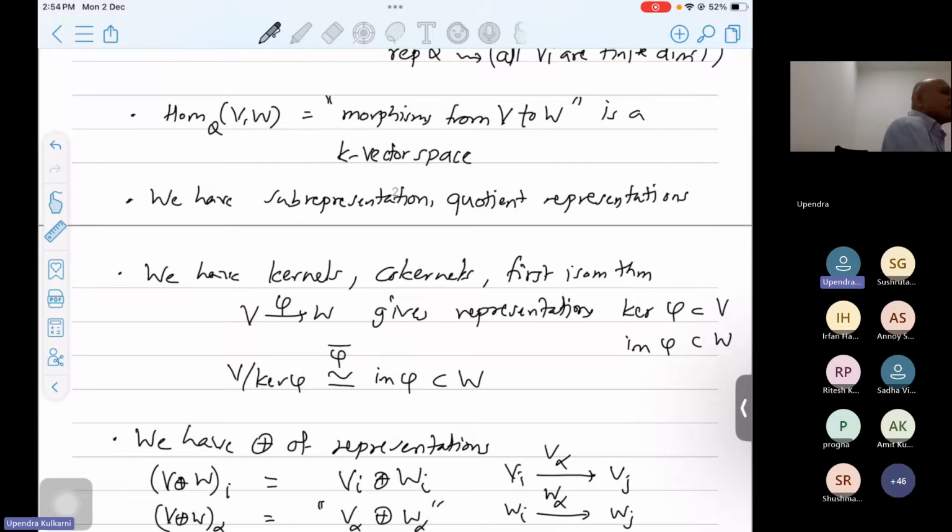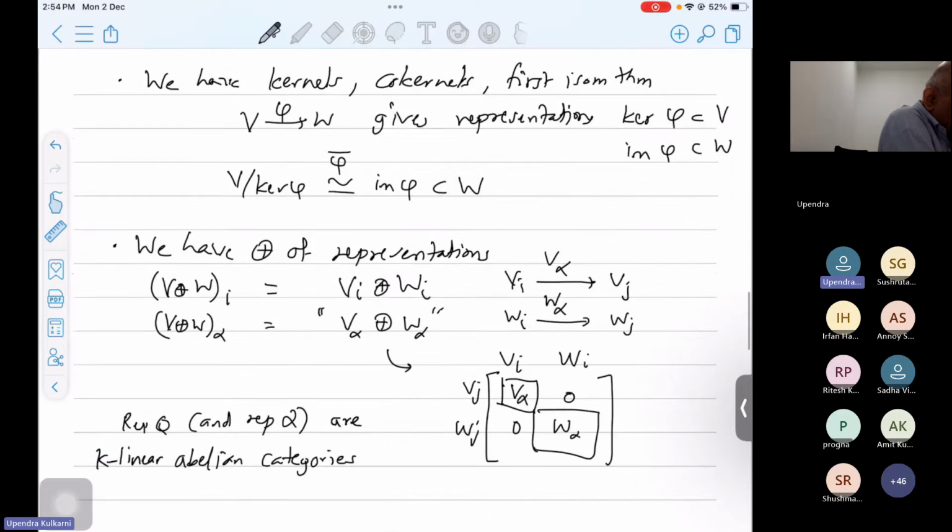A different approach is to say, well, I give priority to my desire that I want to have only direct sum decompositions. I want to have only those building blocks into which I can break up by direct sums. So notice I'm now going in a different direction compared to this last bullet point. In the last bullet point, I was given two representations and I put them together as a direct sum. Now I'm giving you a representation. Can you write it as a direct sum of two representations?